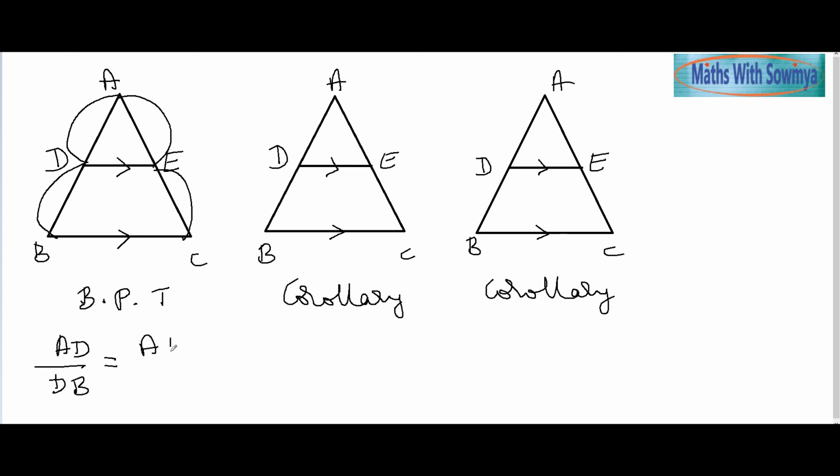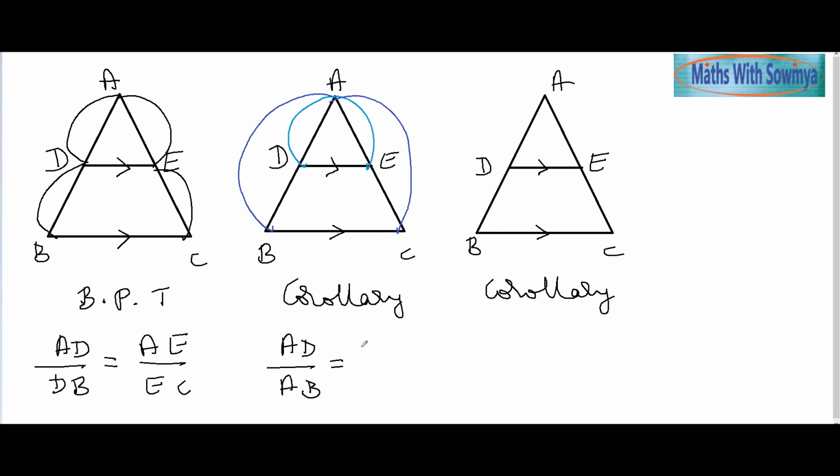So you can directly go with this. And BPT corollary says first half and the whole. So this is also we can take, which is AD by AB equals AE by AC. We can say BPT corollary.